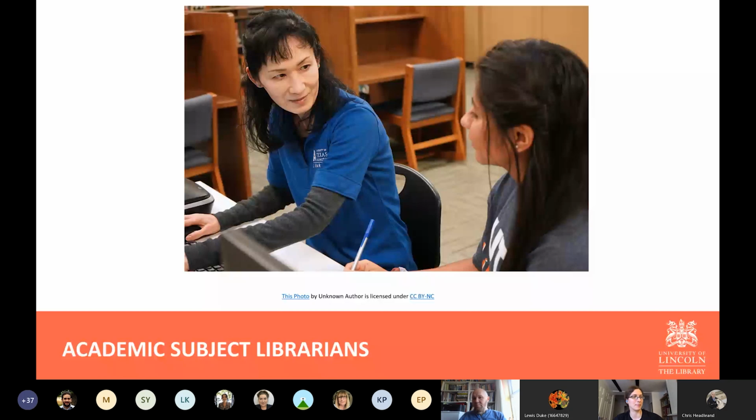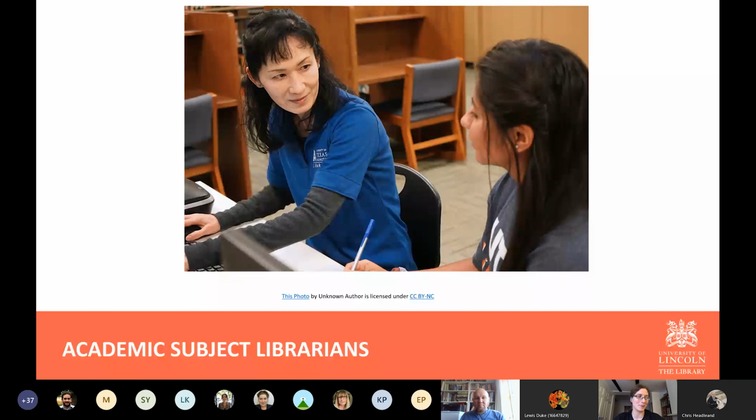This is in part because by the time they're seeking library support, they've been through a second-year dissertation preparation module. They've done quite a bit of work around their topic, but they're often looking for a very specific archive. And that leads to some interesting things about their expectations.